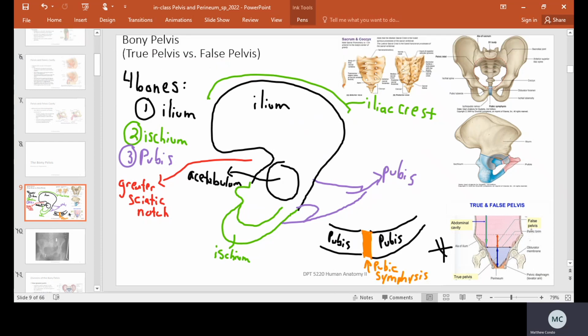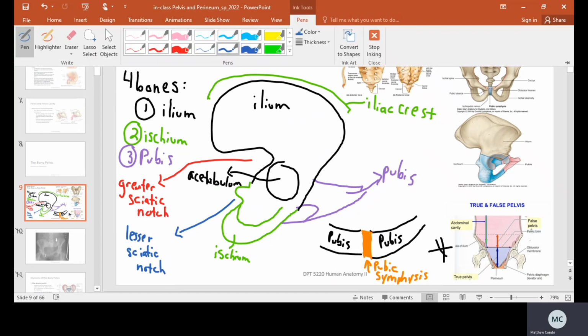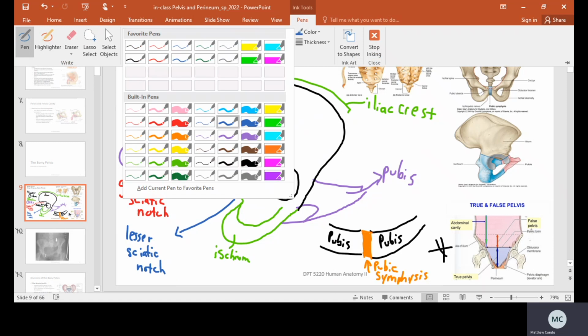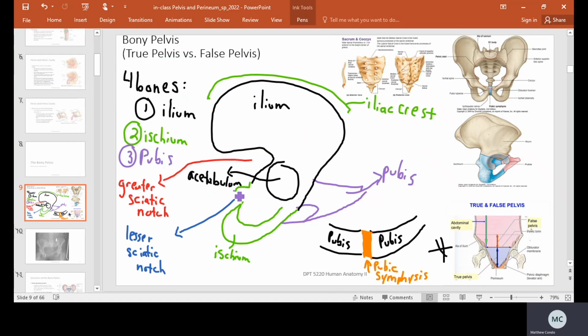And then inferior to that, I'm going to have something called the lesser sciatic notch. I'm also going to have something we already talked about, an ischial tuberosity. This little protuberance here is going to be called my ischial spine.